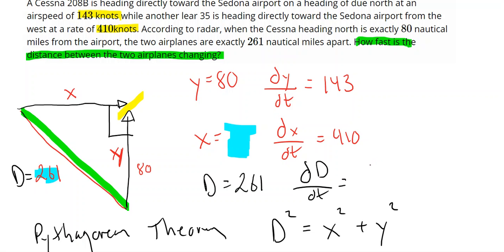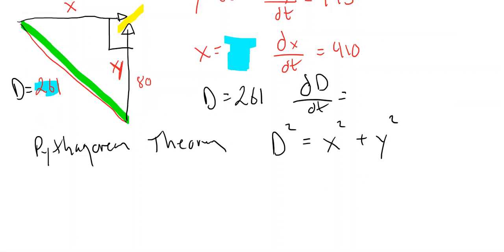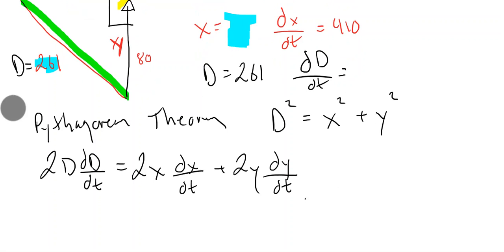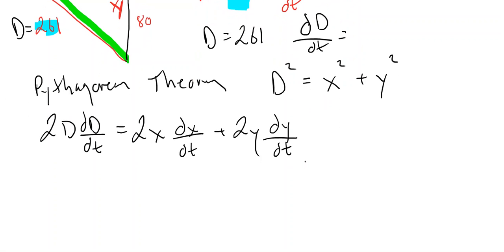We can do that by taking the derivative of this equation based on the Pythagorean theorem. The derivative would be 2D times dD/dt is equal to 2X times dx/dt plus 2Y times dy/dt. Well, we can factor 2 out of the right-hand side, because both of these have a 2, and that will cancel with the 2 here.